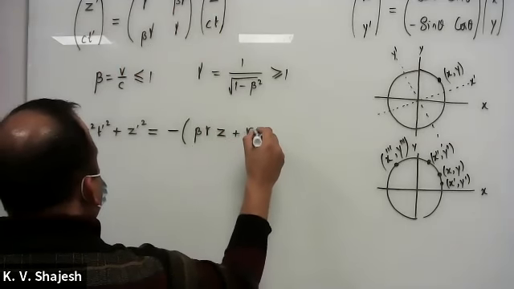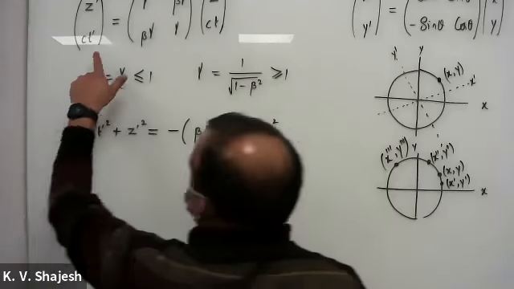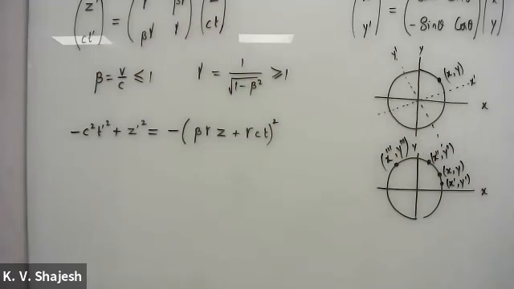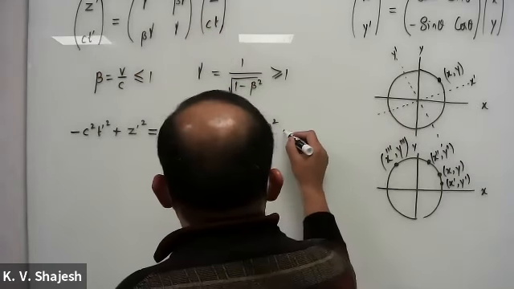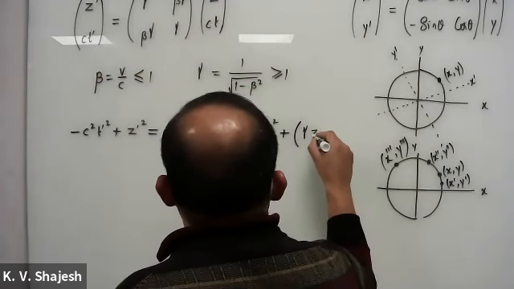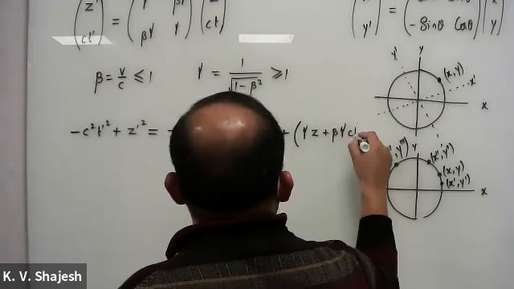I'm just reading it off from here. And z prime is gamma times z minus beta gamma times ct, as if I'm multiplying a matrix, all squared.